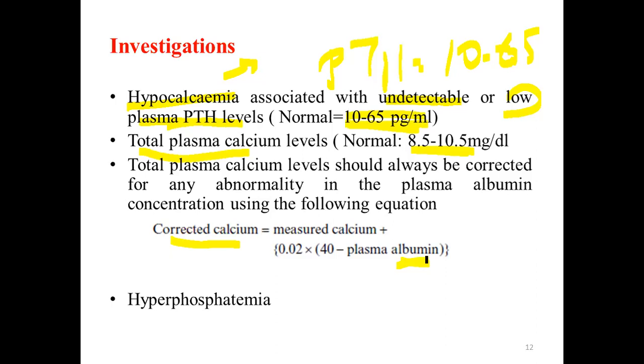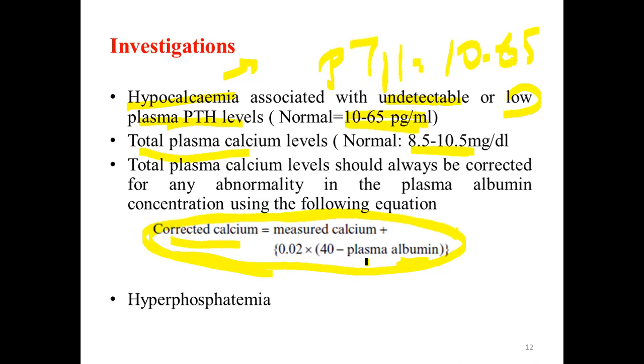So this can give you a false result. Because of this reason, you need to correct the calcium level with this formula. The corrected calcium level gives you an idea about the exact amount of calcium in the extracellular environment. So you just factor in the albumin level in the calculation.